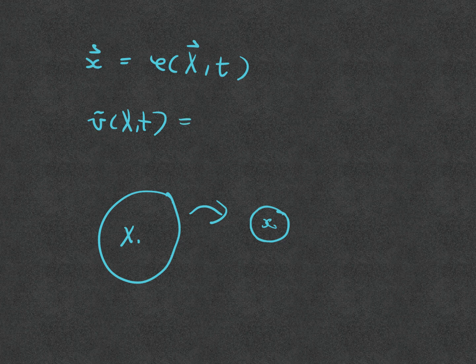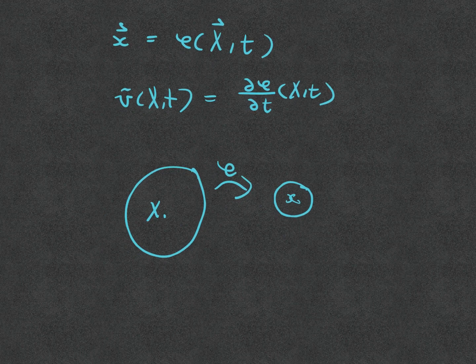So what it translates to is that I try to compute the change in time of that mapping with respect to x and t, right? Does that make sense? So this is the mapping. I use the mapping to describe that things are changing. And this would give me the velocity. This is actually easy to understand.